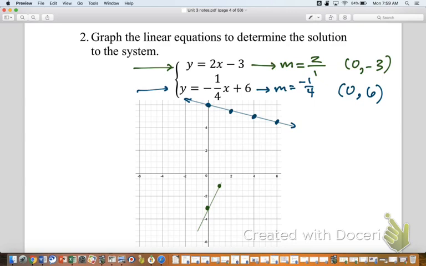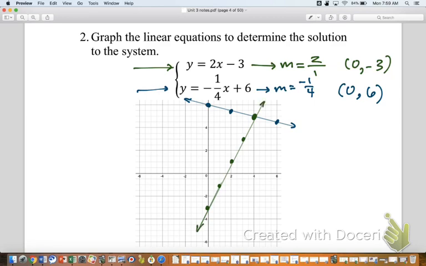It was up 2, right 1, up 2, right 1. So go up 2, right 1, up 2, right 1, up 2, oh my goodness, I found it. Do you see it? Whoa, how cool.